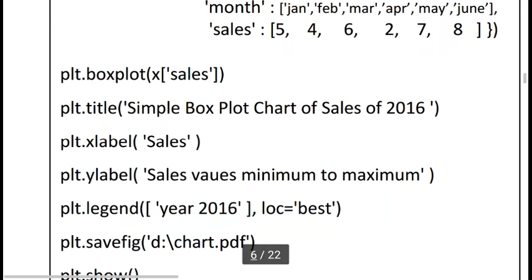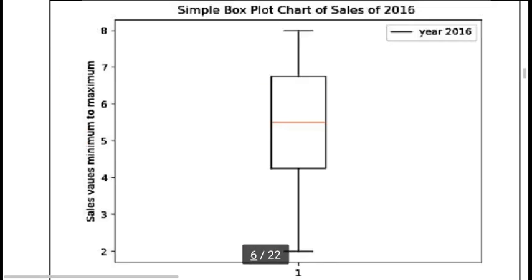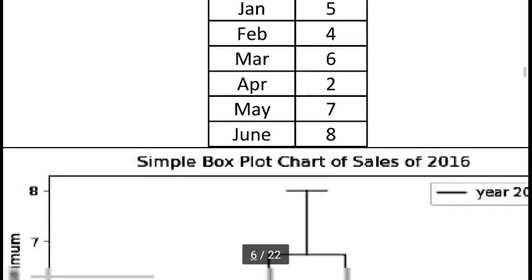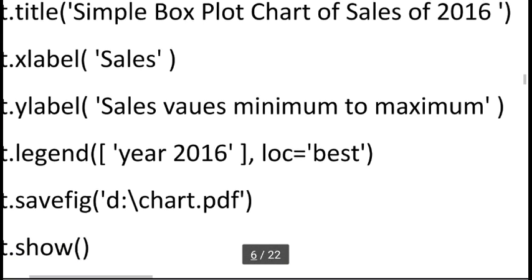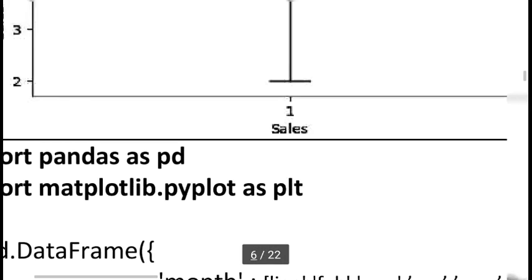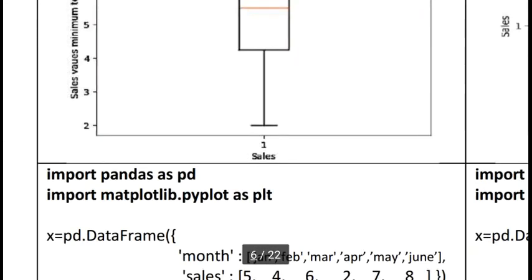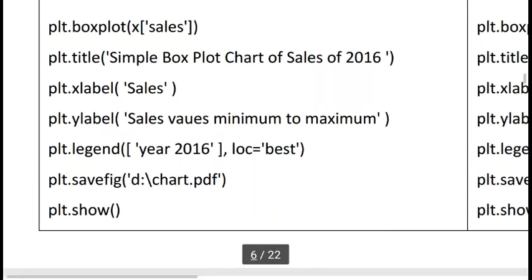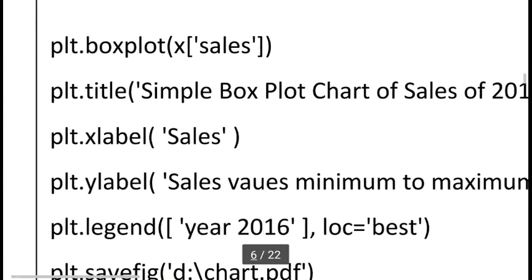Here I am doing the same thing. I have used plt.title, which I already discussed in an earlier example: plt.title, plt.xlabel, plt.ylabel. The title is simple box plot chart of sales 2016. You can see this is our title. In xlabel, on the OX axis I want to show a title, and the title is sales.